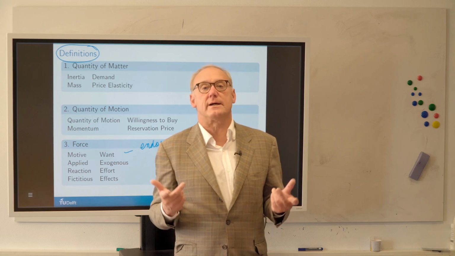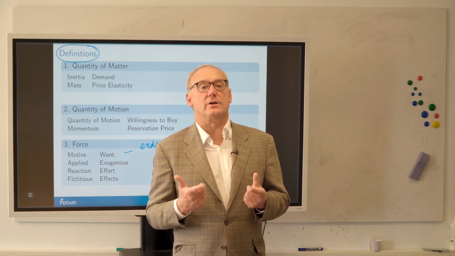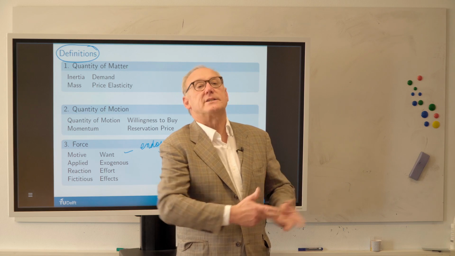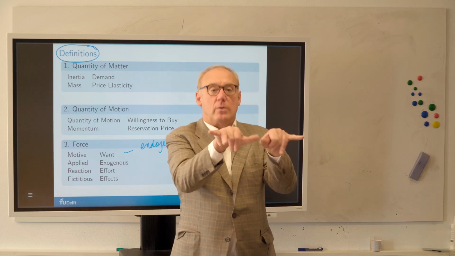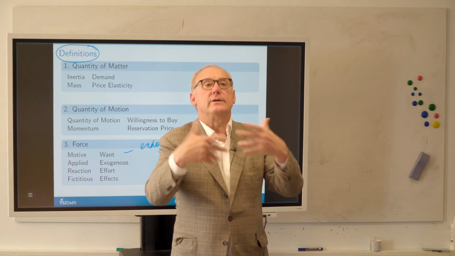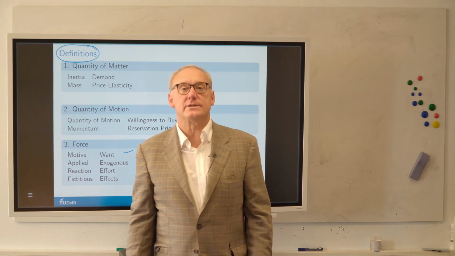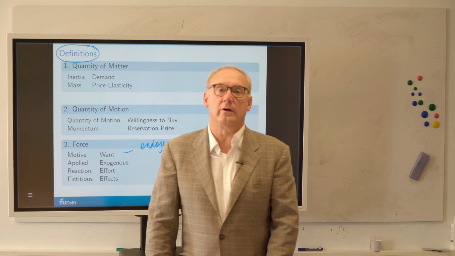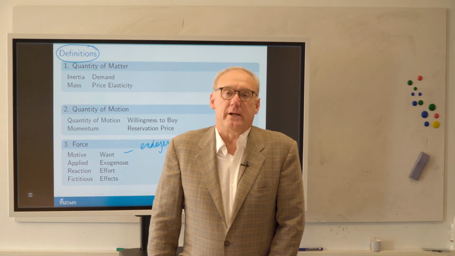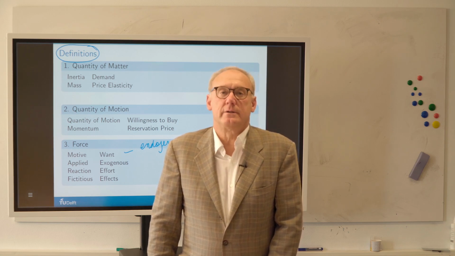You cannot just exercise this want. What you need to do is start working. That's an effort where you expend something, and this will balance your wants, okay? And then you're in business. And we'll see later that these are action and reaction pairs when we deal with the third law, okay? So you have wants and efforts.